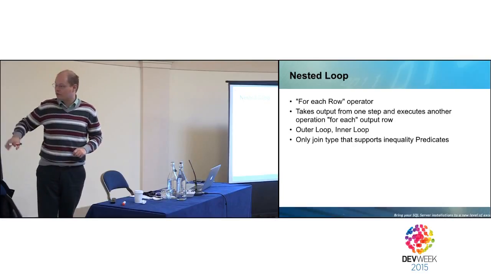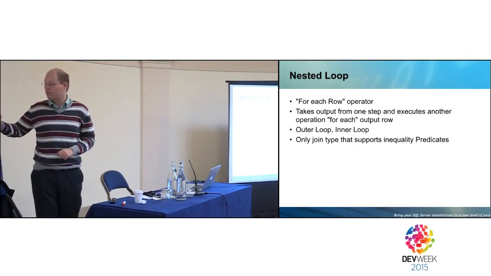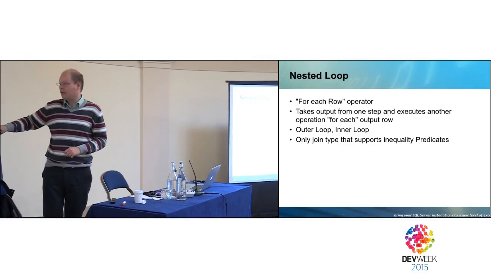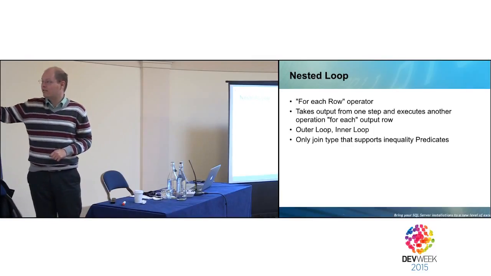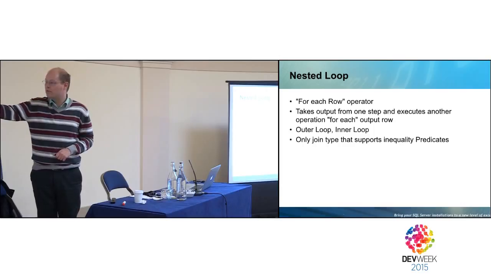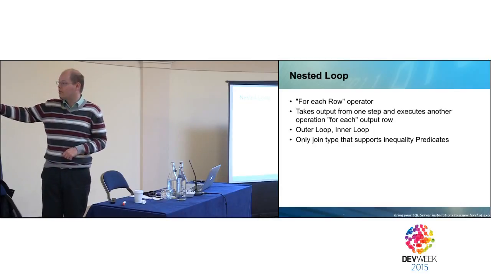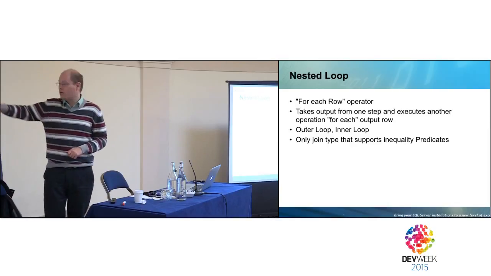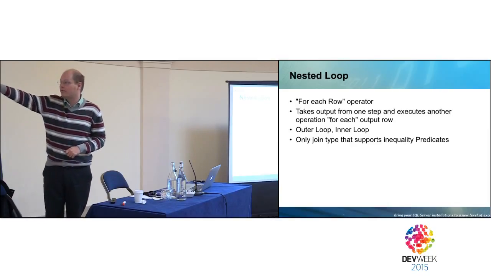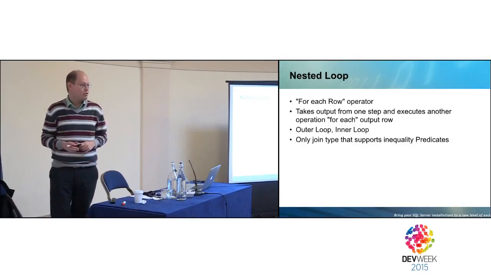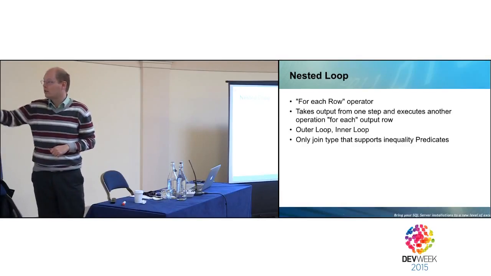Means SQL Server starts the outer loop over the outer table, like table A here, takes the first record, in our case the value of 3, and loops in the inner loop over the inner table and checks if we have qualifying rows. In our case, we have a row value of 3, so we return that row to the next operator in the execution plan.